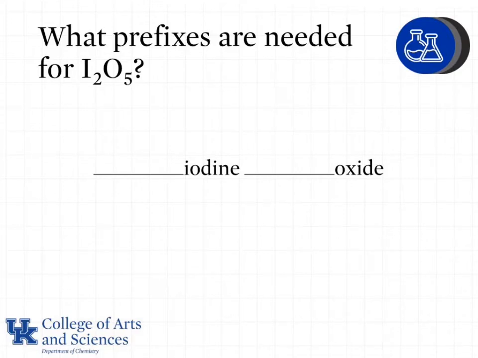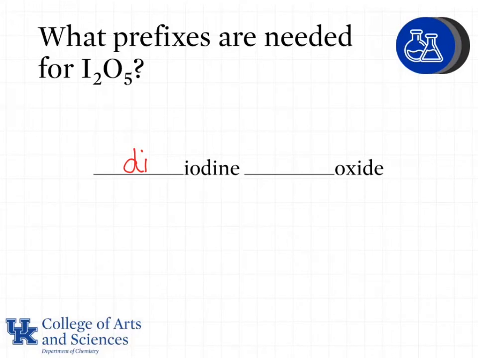Something else you should be able to do is to fill in the missing prefixes. So what prefixes are needed for I2O5? The basic structure of the name is given. We have the iodine and the oxide, and we have blanks for the prefixes. So you should be able to fill those in to complete the name of the compound. We look at the formula and we see that iodine has a subscript of 2, so we are going to use the prefix di.